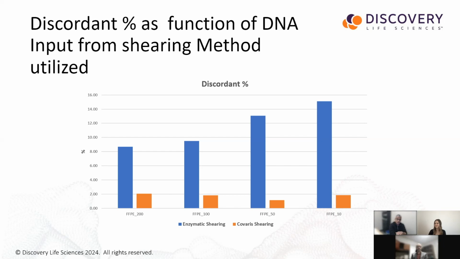And to take that answer one more step, we have utilized Covaris not only in the gDNA shearing, but very early on in our processing, from the extraction.